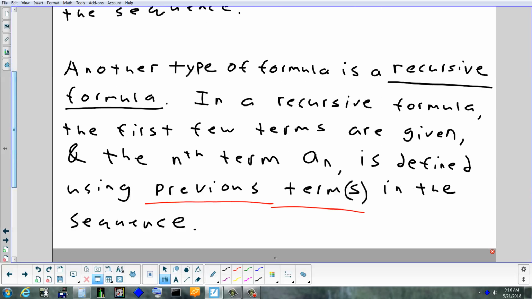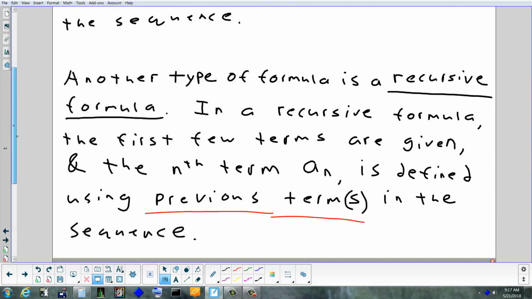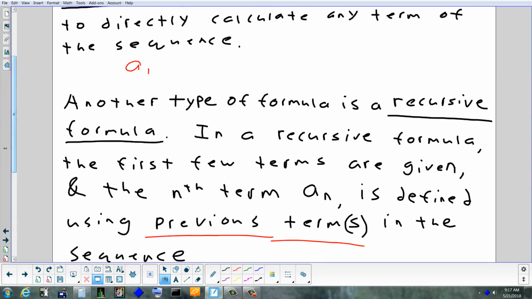Now, notice I put in parentheses here. Could be previous term, like in the formula, add 3 to the one before it, or it could be previous terms. And that's where things can get really hard. Like if I gave you a formula like this, let's say I said to you to get the nth term, you do triple the one that's 2 before it, and then you add double the one directly before it.